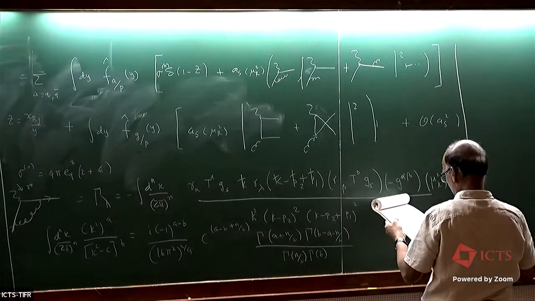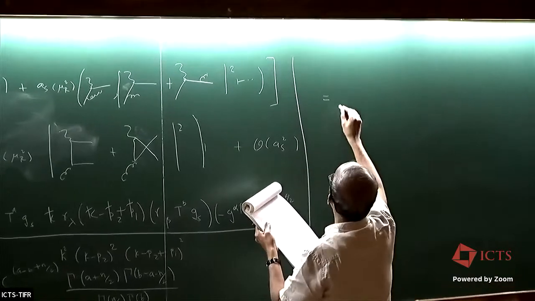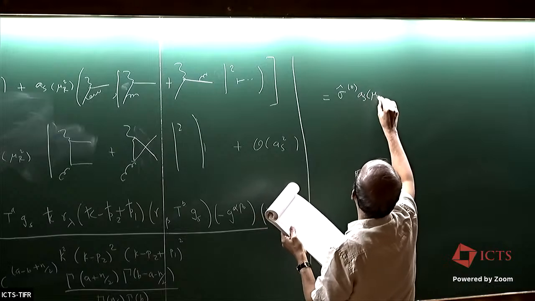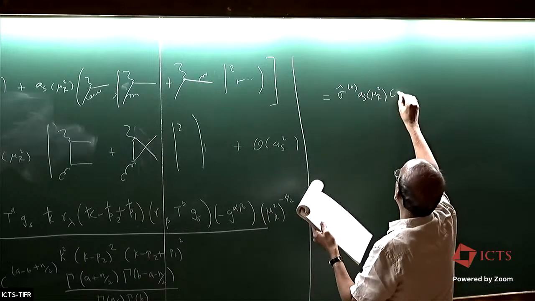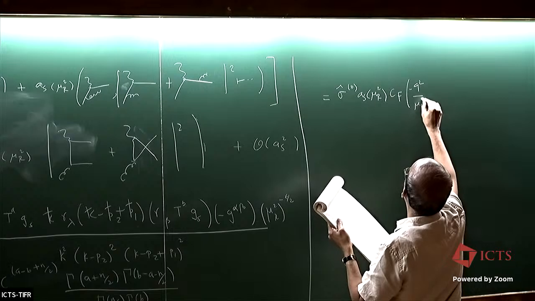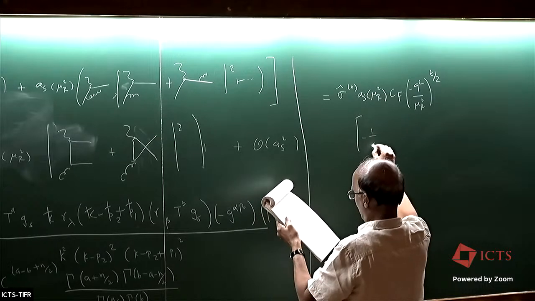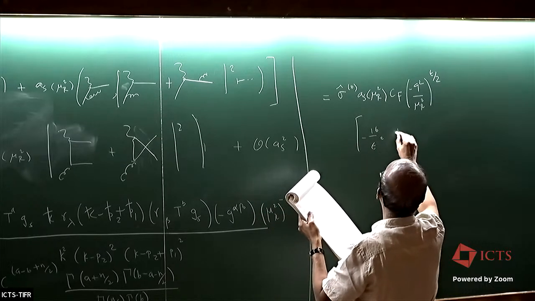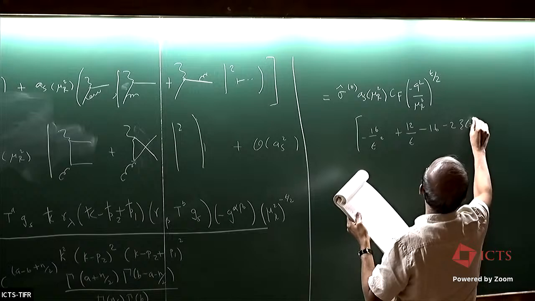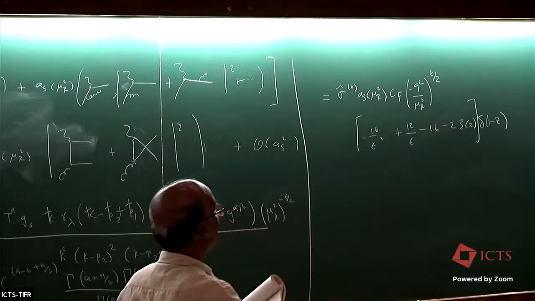So this cross section contribution would look like sigma hat of 0 times coupling constant at mu r square, times a color factor, times (minus q square by mu r square) power epsilon by 2, times minus 16 by epsilon square plus 12 by epsilon minus 16 minus 2 theta 2, delta of 1 minus z. Okay, this is how it would look.